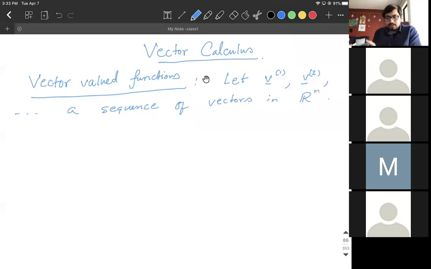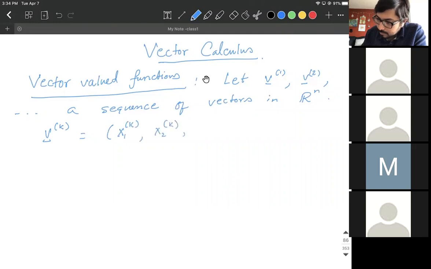We have a sequence of vectors in R^n, V1, V2, and so on. Each Vk is an n-vector: x1k, x2k, up to xnk.